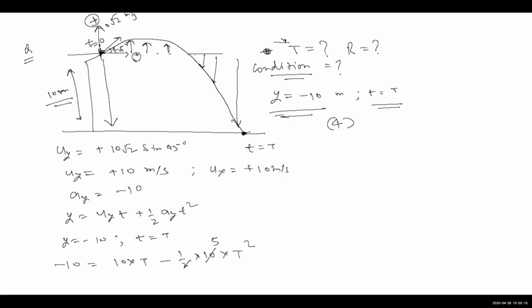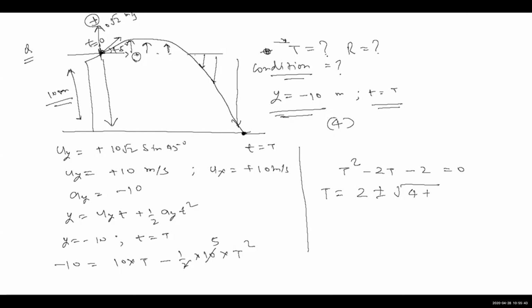We take everything to the right hand side. And if we divide the whole equation by 5, it will become t square minus 2t minus 2 equals 0. Isn't it? So we take it to the left hand side. So t will be equal to 2 plus minus under root 4 minus 4ac.